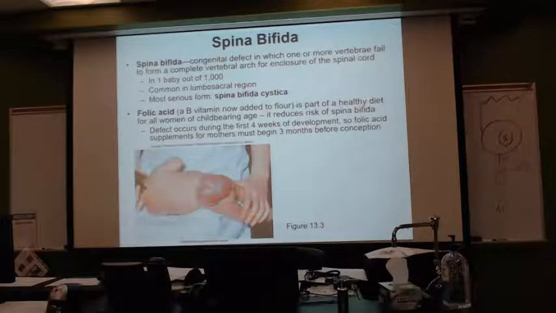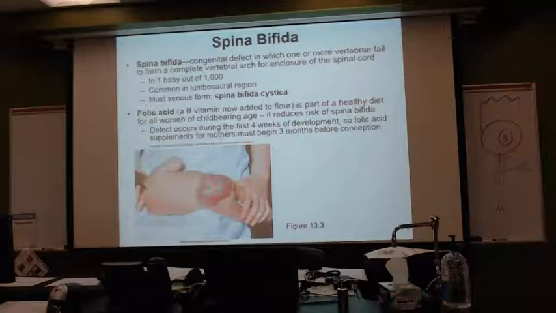But if I'm not mistaken, if it is now identified in offspring, they can actually go in and do surgery before the baby's born. You know how they can do that now in utero?